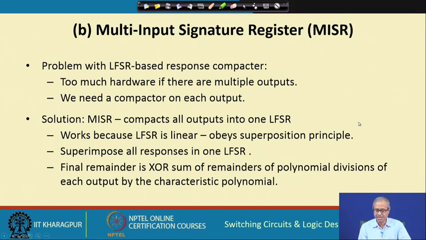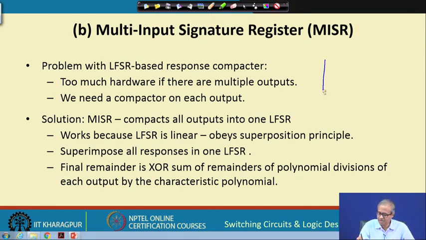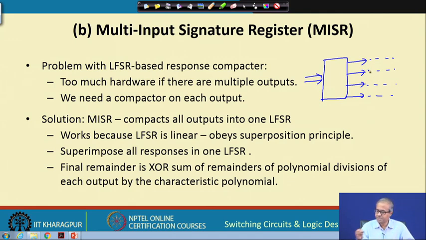Now, talking about multiple input signature register, let us briefly talk about it without going into the detail, because a circuit in general can have multiple outputs. When you apply a sequence of test patterns, bits will be generated from all of these outputs in a stream. Suppose we use an LFSR based compressor with every output bit, then this will require too much hardware.